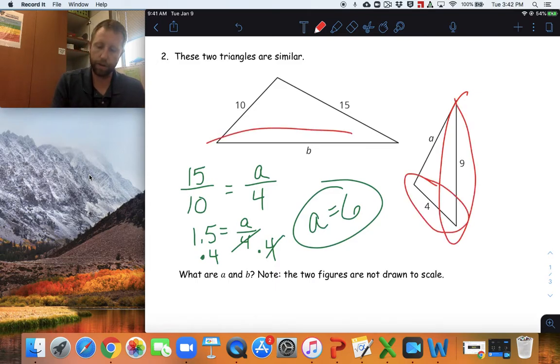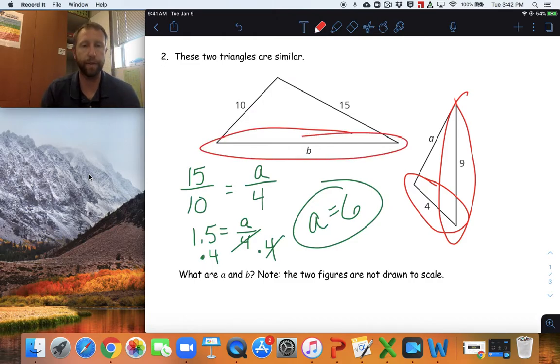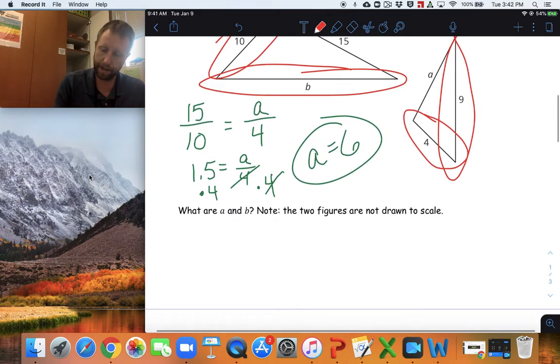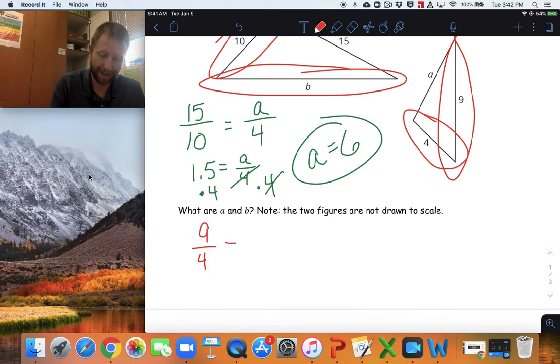So the longest side for the big triangle is B, and the short side is 10. I can figure out what that is by setting up those quotients. Okay, when I do that, 9 divided by 4, I know that has to equal the same quotient as B divided by 10.